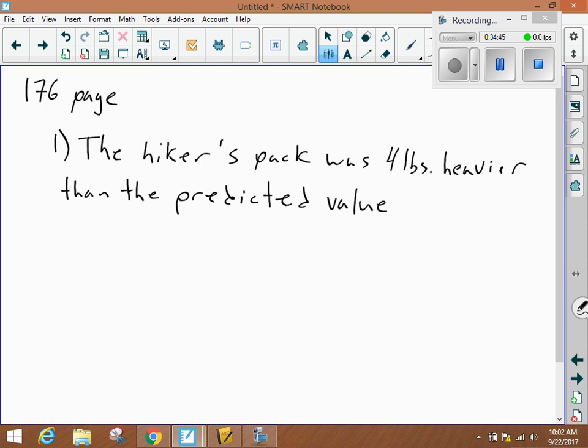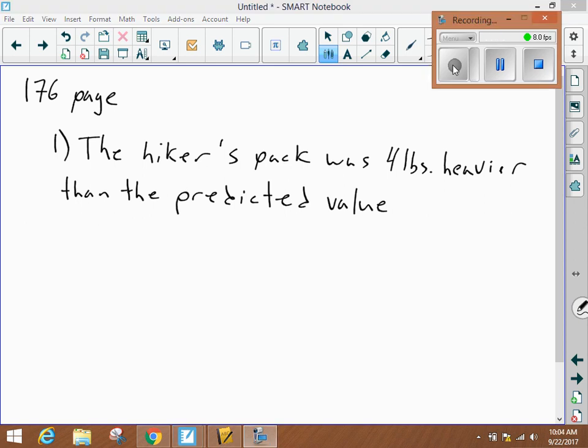That is usually because the hiker brought heavy stuff. But steak is good to have when you're hiking. I've eaten steak. It's the one heavy thing that I love.